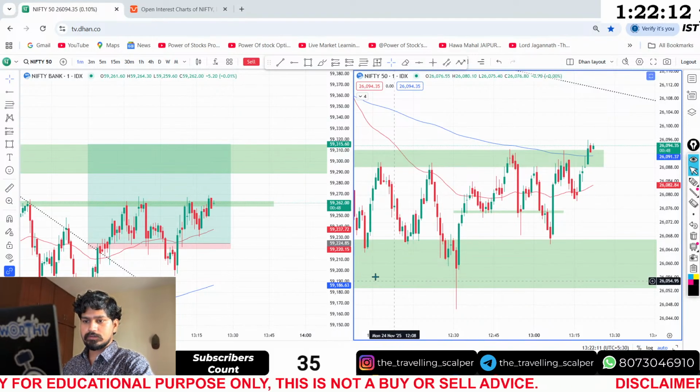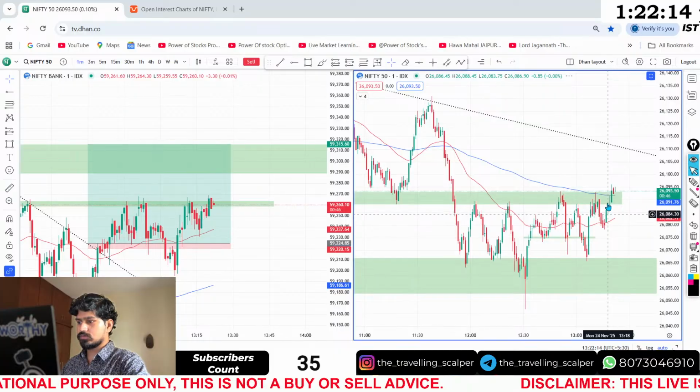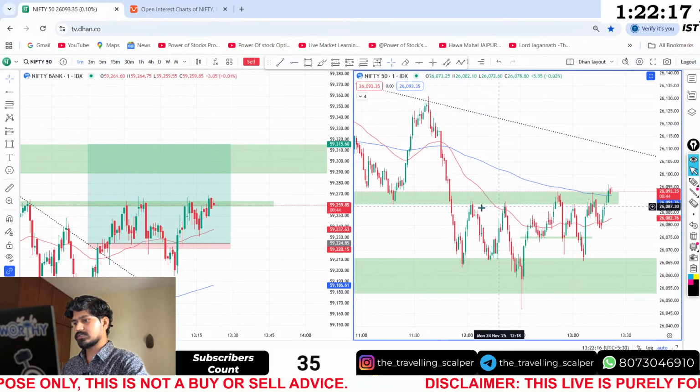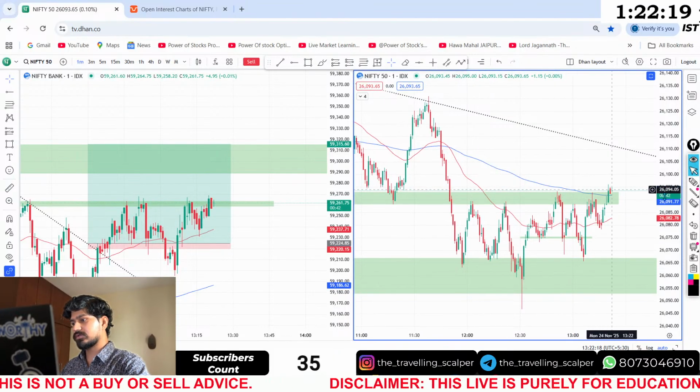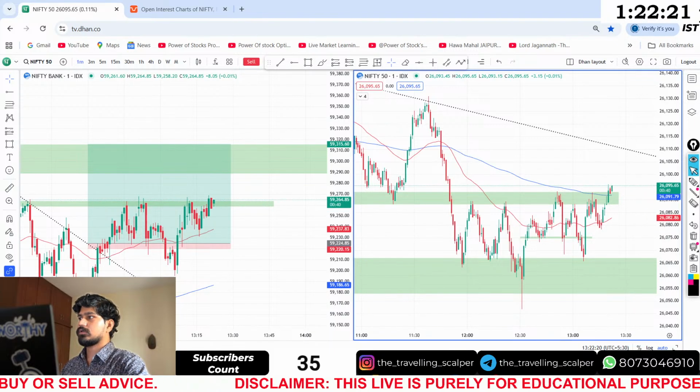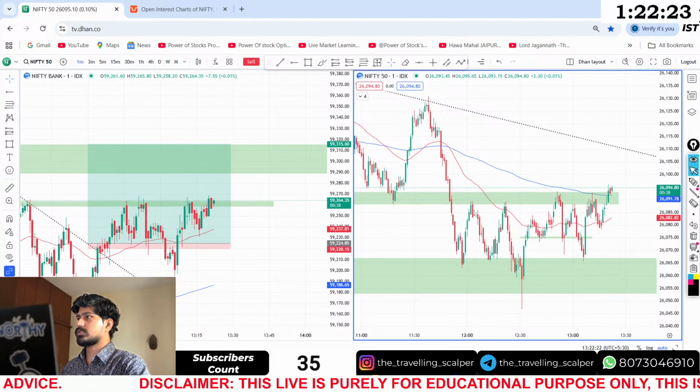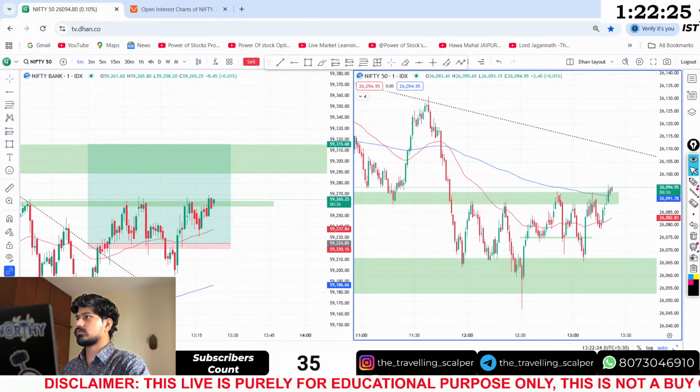Okay, come on. I think Nifty should also go up. This is a strong resistance level, and it is trying to cross it and go up. So we can expect a huge upside momentum over here.